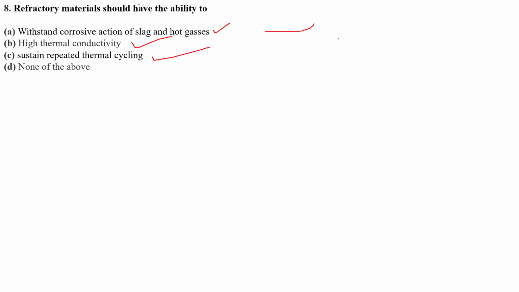No. High thermal conductivity should not be there. They have to be inert. They have to have very low thermal conductivity, so heat losses should not be there. With the help of these, the major use of refractory material is for reducing the heat losses during the operations.